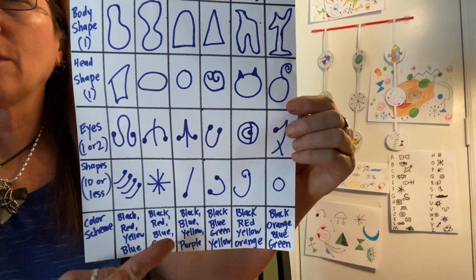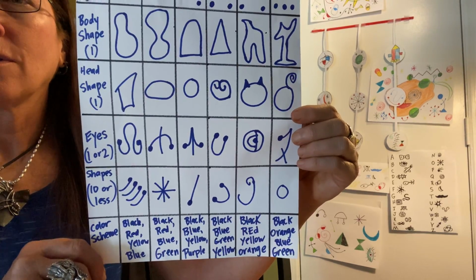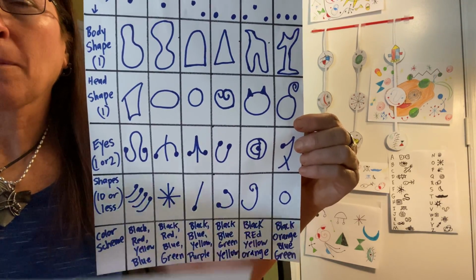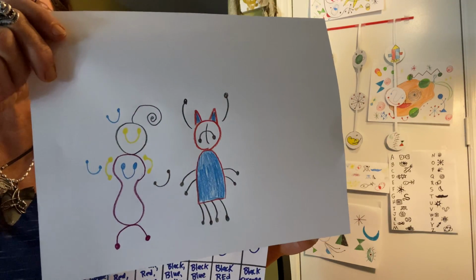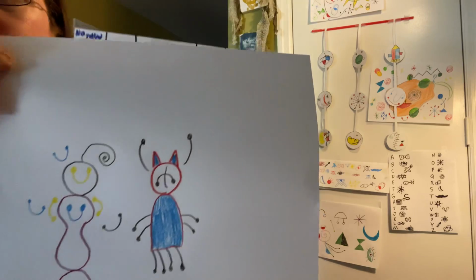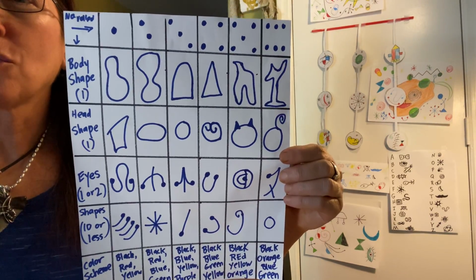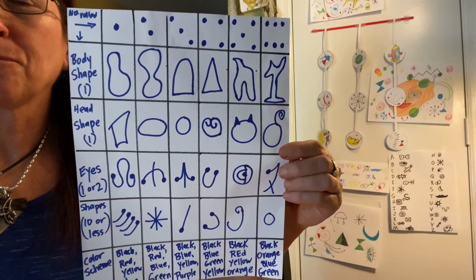Roll your color scheme first so you know what you're going to use. And then these are the characters that you end up making. And you can fill your page up with all your different surrealistic characters.